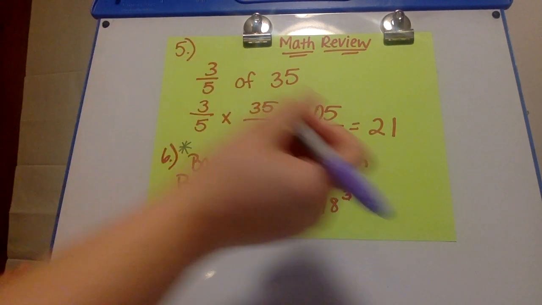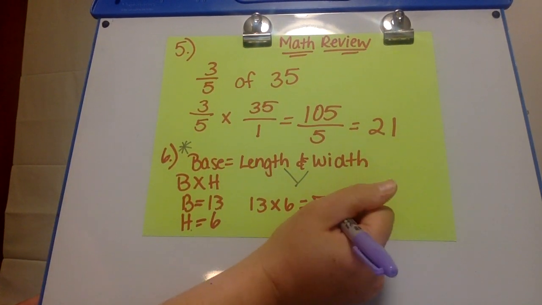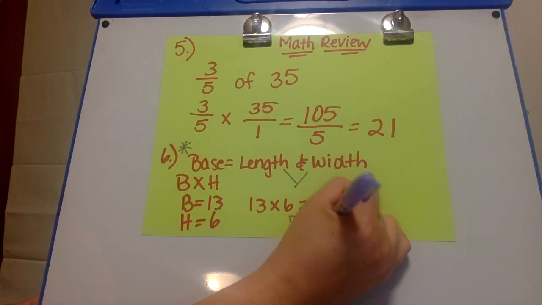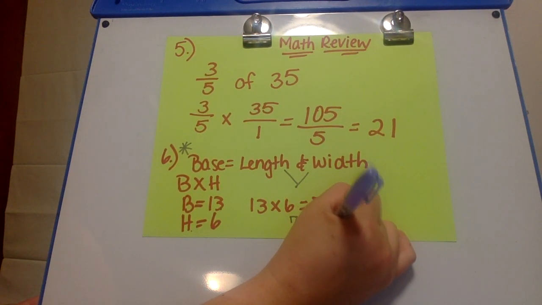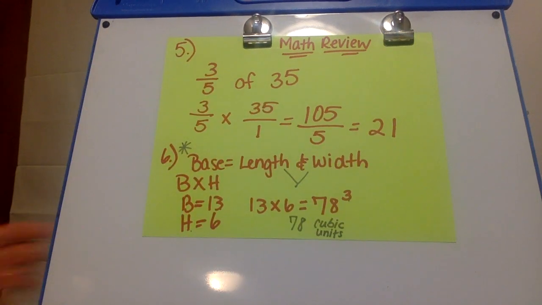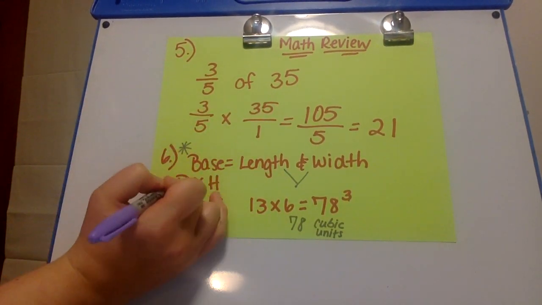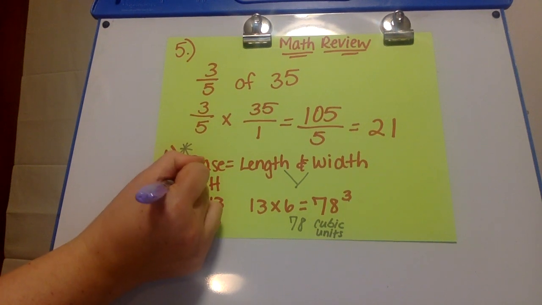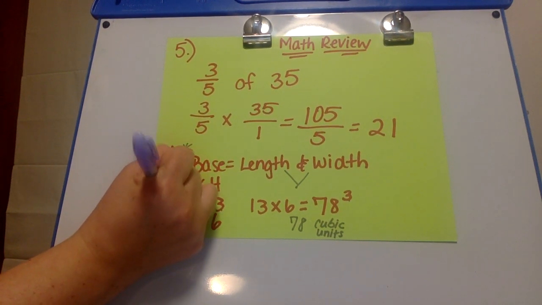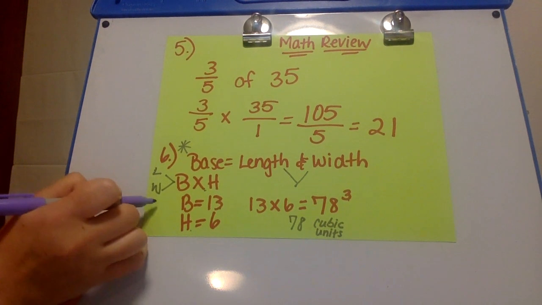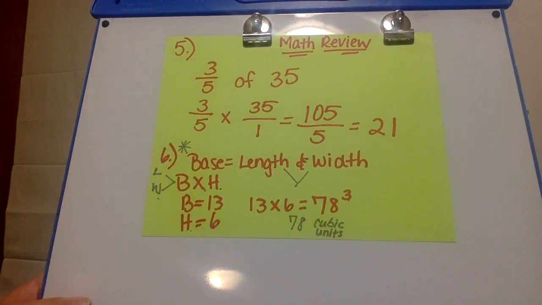So 78 cubed, you could say, or you could say 78 cubic units. Even though it's base times height, we know the base is made up of length and width, so it still has 3 dimensions, 1, 2, and 3.